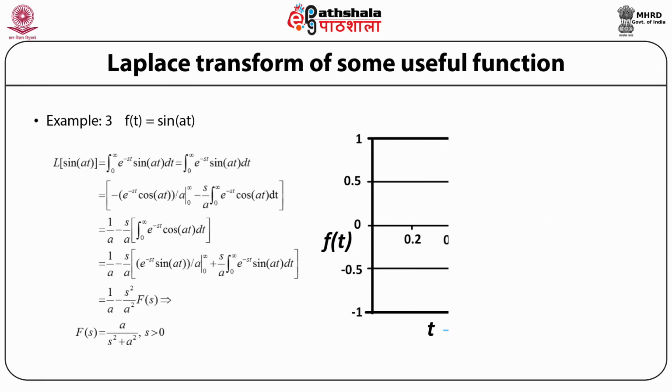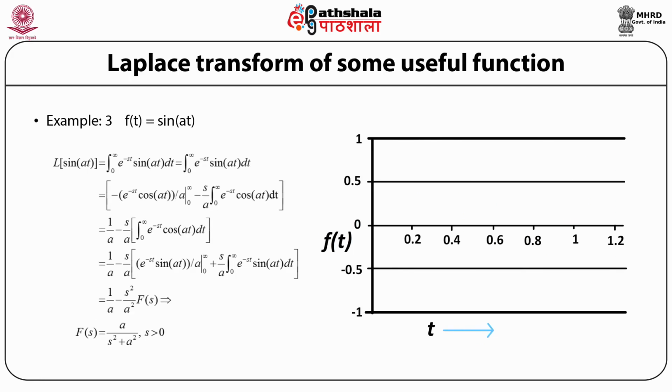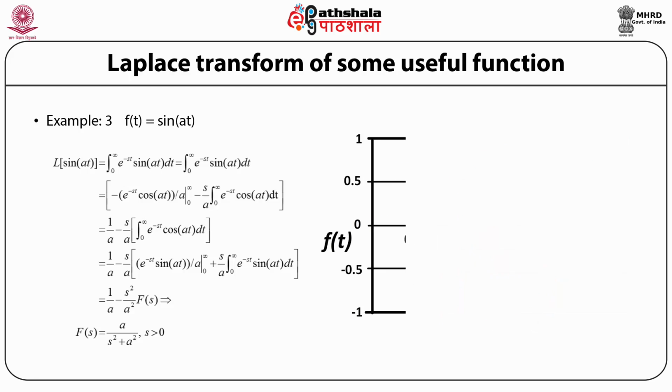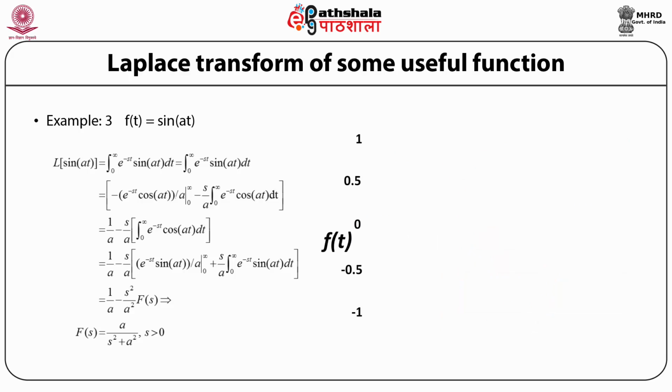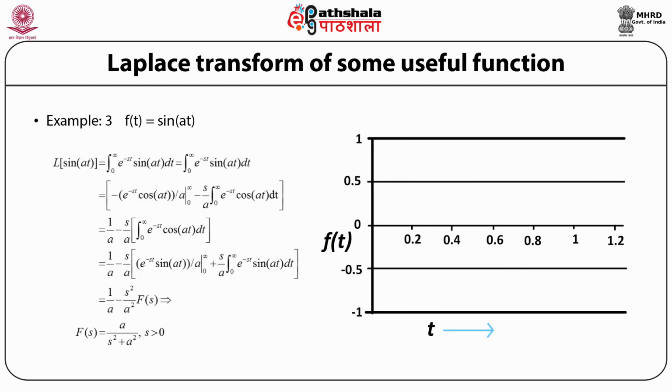Let us see a function which is sine of at. Sinusoidally it is going to change, and that is shown in the graph on the right side. Now Laplace of sine of at is going to be a little difficult and cumbersome, but let's go through that process. We have e power minus st into sine of at dt integrated from 0 to infinity, and the way we are going to do it is we are going to use the uv dv method.